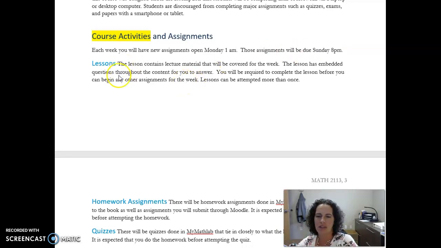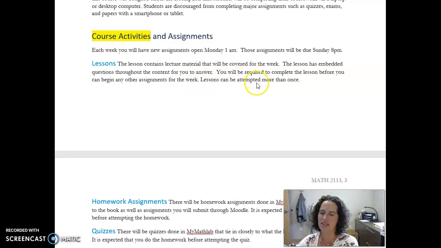Now, there are lessons set up in Moodle, and that is going to be your lecture material. I have written out some of the things that I thought might be important to you. There are also some questions embedded in there that you're going to have to answer to make sure you're retaining the information that you're reading.